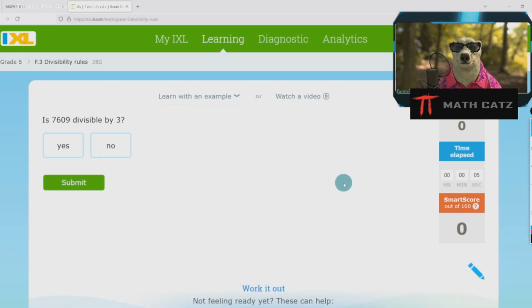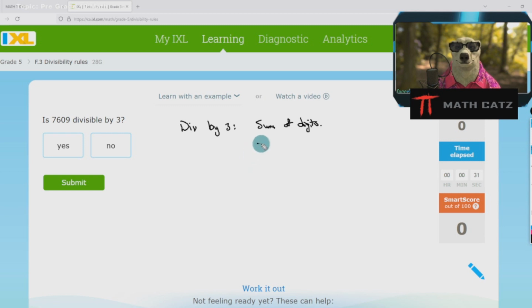Can I get anything here? There we go. Is 7,609 divisible by 3? Now, of course, the divisibility by 3, look at this shaky writing, requires that I add up all the digits, the sum of the digits.